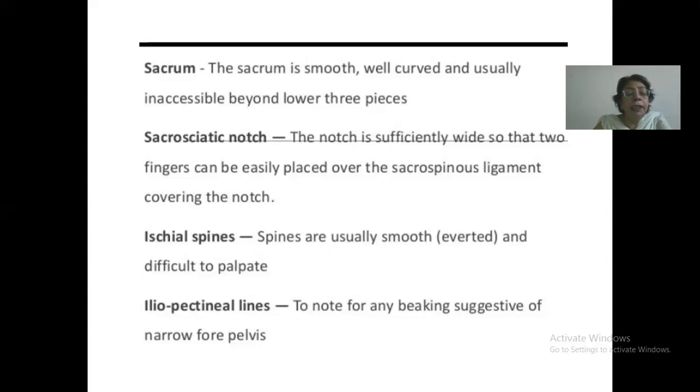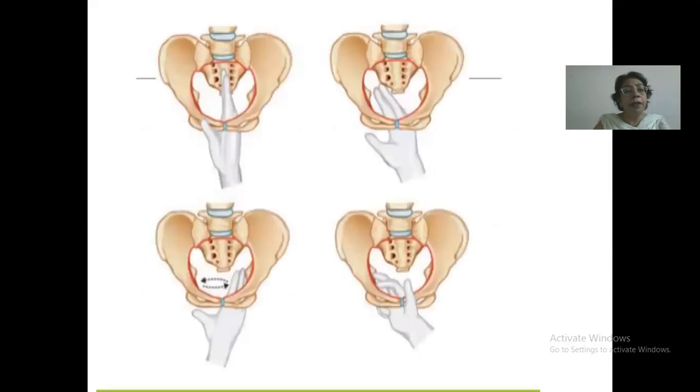And both the ischial spines are tipped simultaneously. Then the iliopectineal lines. This is the anterior or the forepelvis, which is to be palpated, and you need to note for any beaking suggestive of narrow forepelvis, because that will be the waste space of Morrison and will not be utilized by the head while negotiating the pelvis.